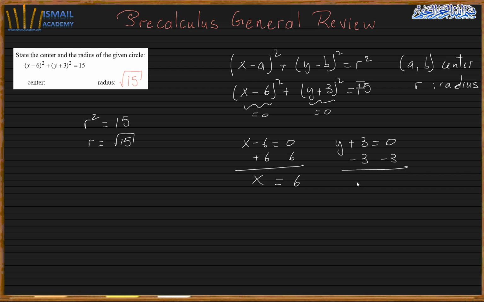Minus 3 on both sides, so y will be minus 3. So my center will be the point (6, minus 3). So the center and radius of the circle are (6, minus 3) and square root of 15.